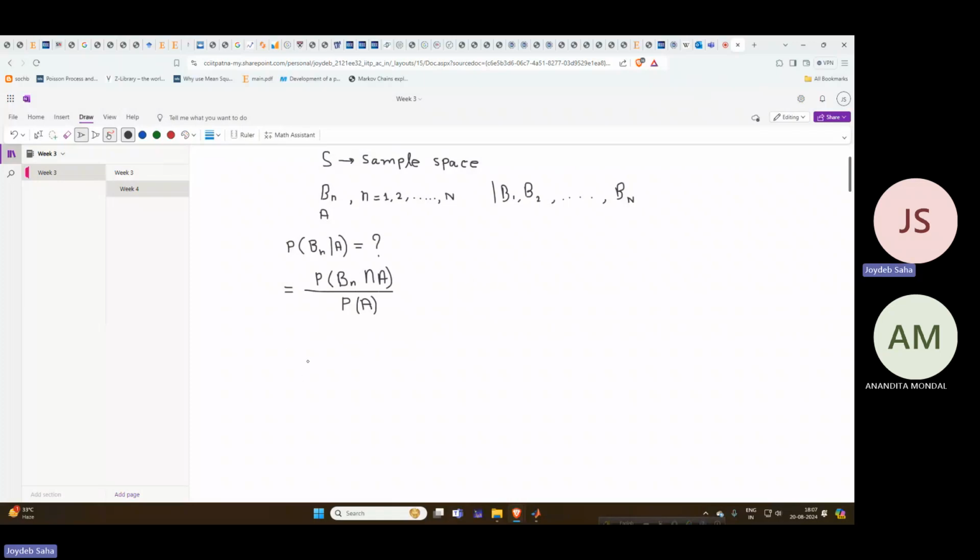This probability of Bn intersection A will be probability of A conditioned on Bn into probability of Bn.